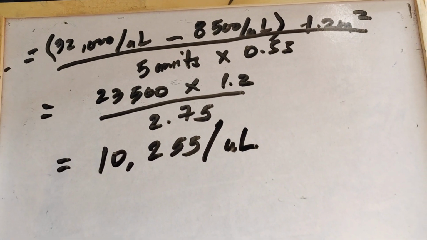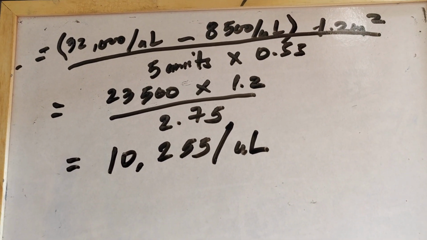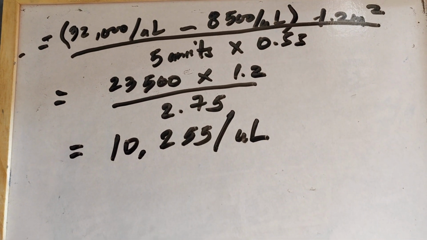So our CCI, corrected count increment, is 10,255 per UL.